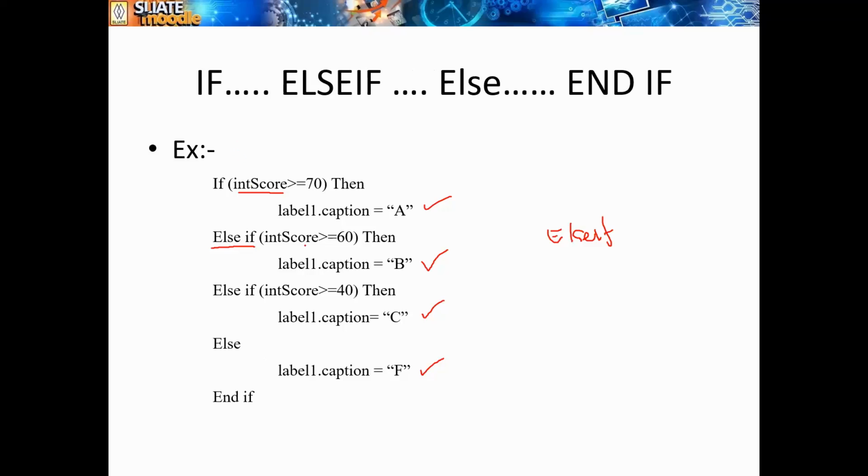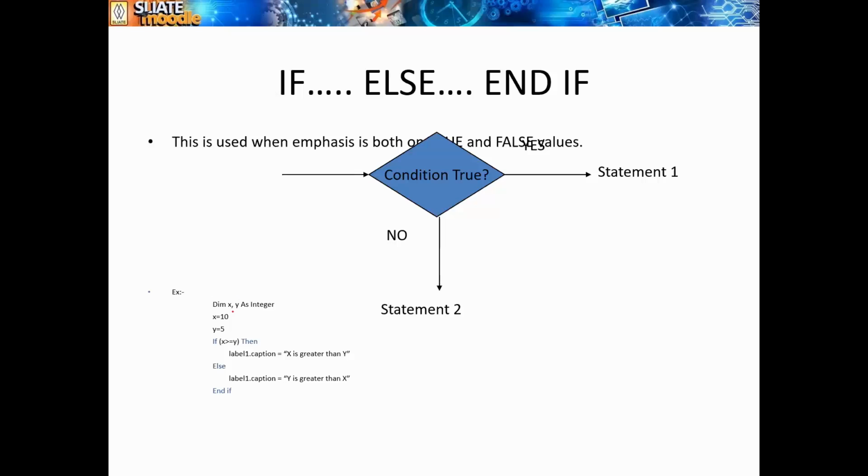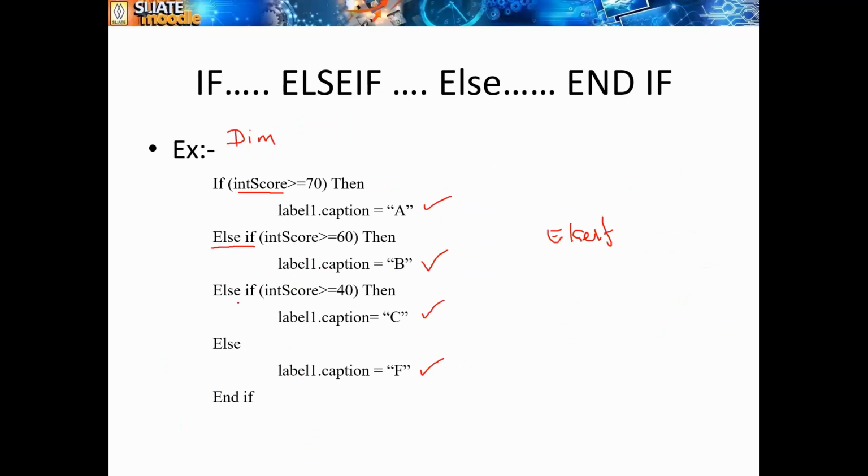So first of all, before trying this program in VB setup, you will have to dim the variables. First you have to use dim. Previously I think you remember you used x and y as integer, right? So x and y are the variable names. So here int score is a variable name, so you can use int score, right?